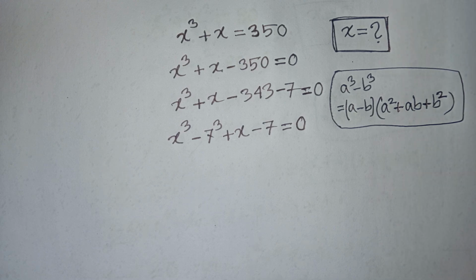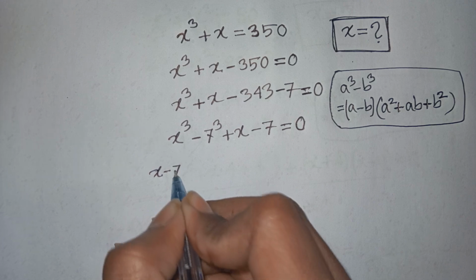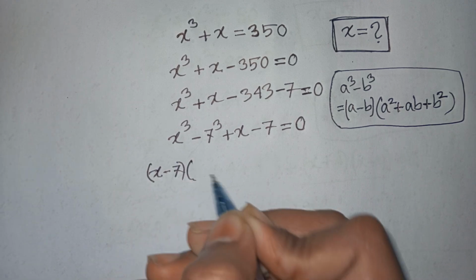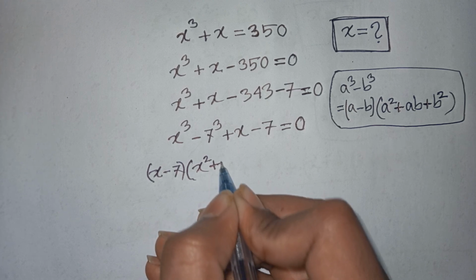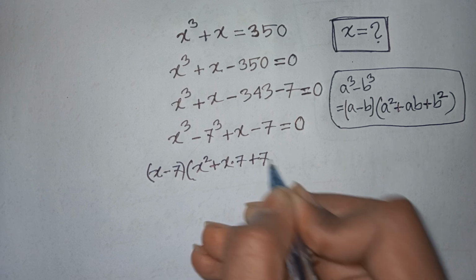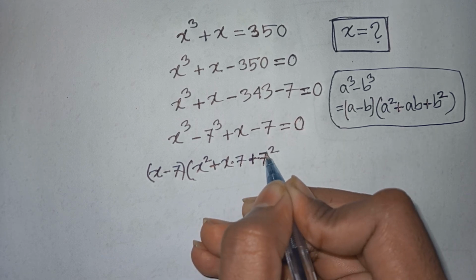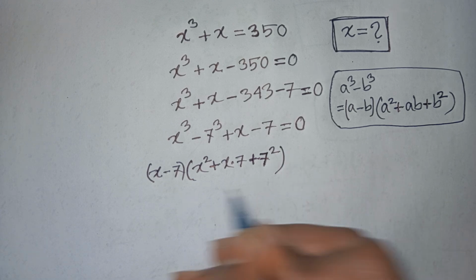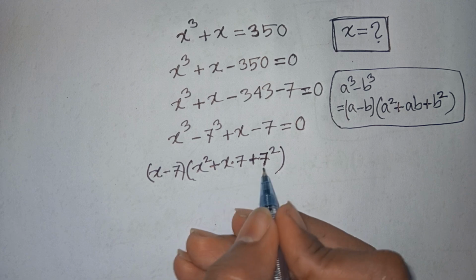So it will be x minus 7 times x square plus x times 7 plus 7 square. That means a minus b times a square plus ab plus b square.